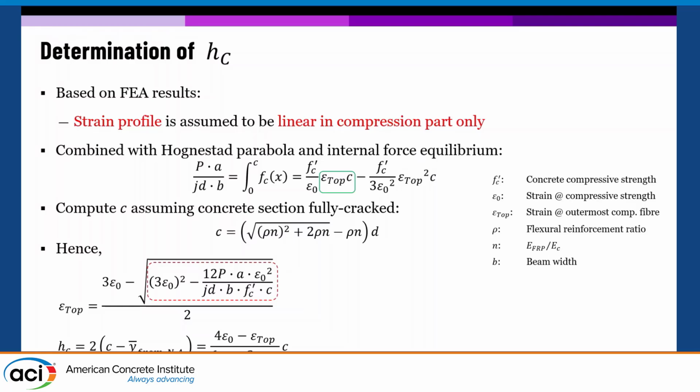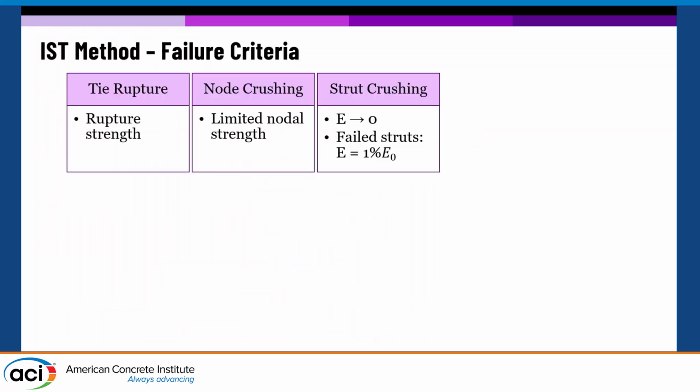And this part, of course, must be larger than 0, so we limited it to 0. And this will give you that maximum strain on top is 1.5 epsilon naught, and the maximum value of the depth of this compression zone is 0.833 C. C is the depth of neutral axis. So, okay, that's all. All of this, of course, is done using the program. It's not done by hand.